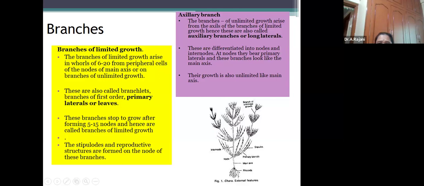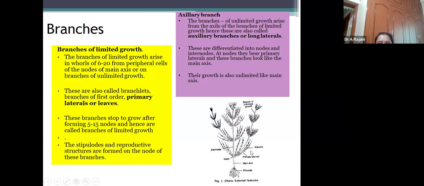Branches of limited growth, you can observe here. The 6 to 20 peripheral cells of the node of the main axis form branches of limited growth. These are called bractlets. Branches of first order are called the primary laterals, or leaves.